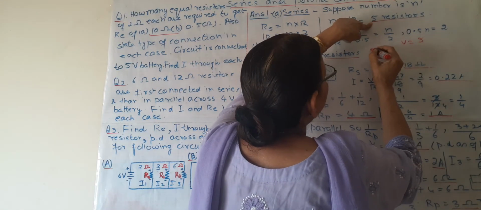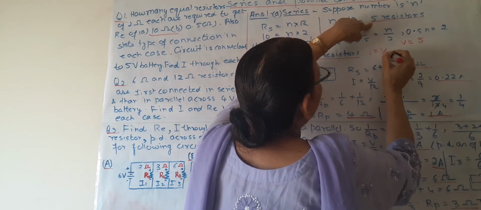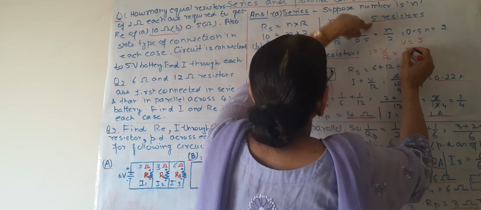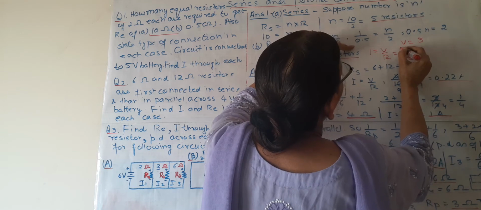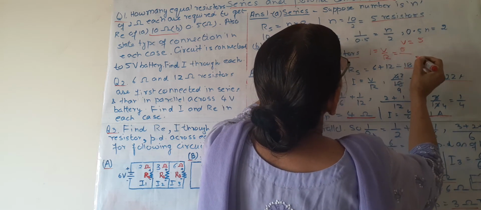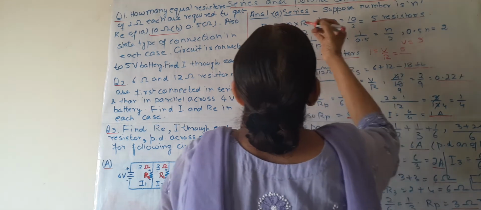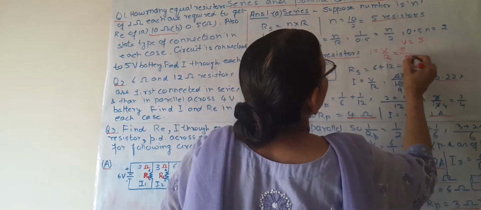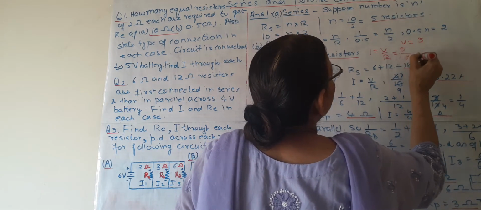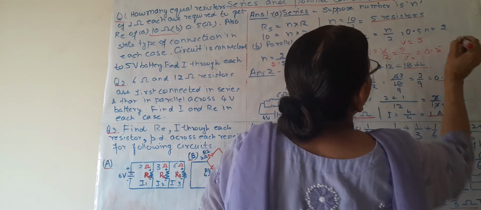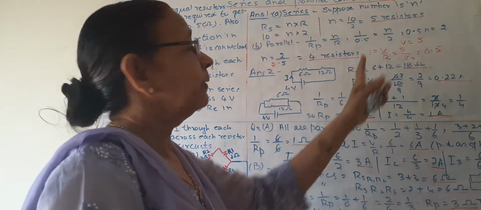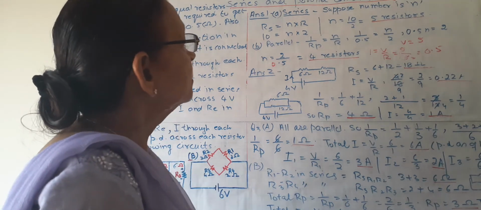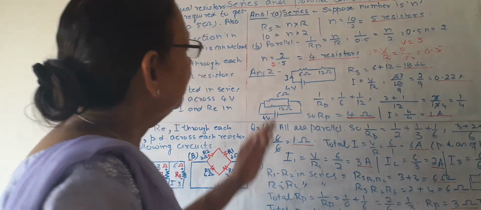So I will be V upon R. I have written this here. So it will be 5 upon R, here R is 10. So 0.5 will be the current in all the resistors.